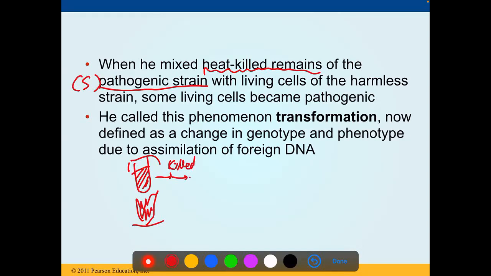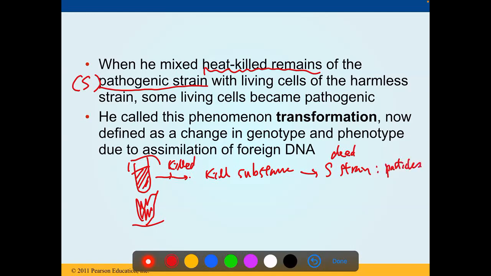Then you have the killed substance, maybe spent media, like juice here, boiled. So you have dead S strain particles.